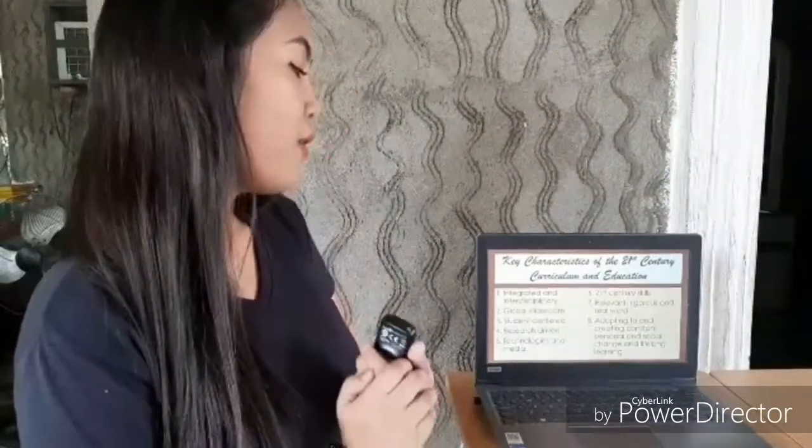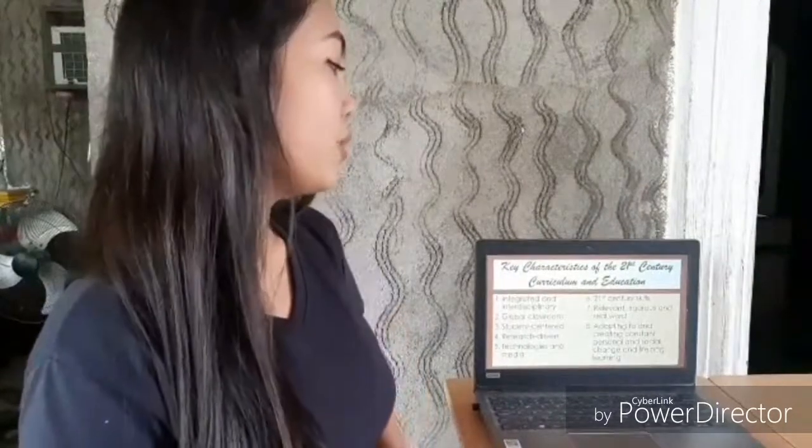There are key characteristics of the 21st century curriculum and education. First one, integrated and interdisciplinary. Second, global classroom. Third, student-centered. Fourth, research-driven. Fifth, technologies and media. Sixth, 21st century skills. Seventh, relevant, rigorous, and real-world.